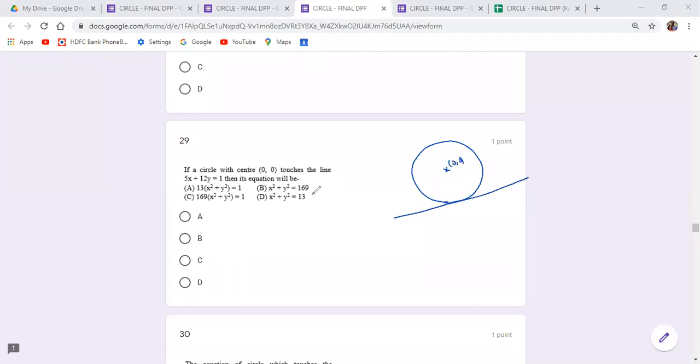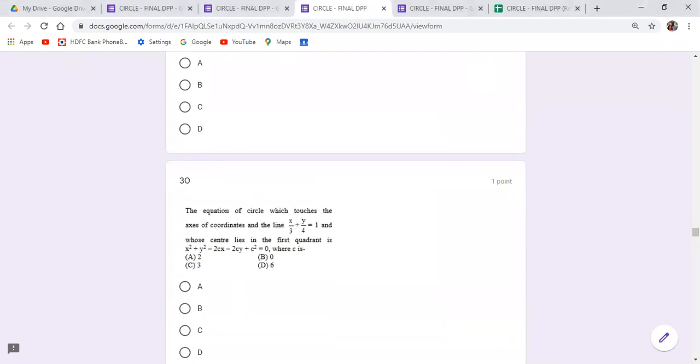Take the perpendicular distance: 1 upon root of 5 square plus 12 square, which is 1 upon 13. So x square plus y square is equal to 1 by 13 square, that is 1 by 169. I didn't take that square, that's why I clicked option A. All right, fine. Yes, sir.